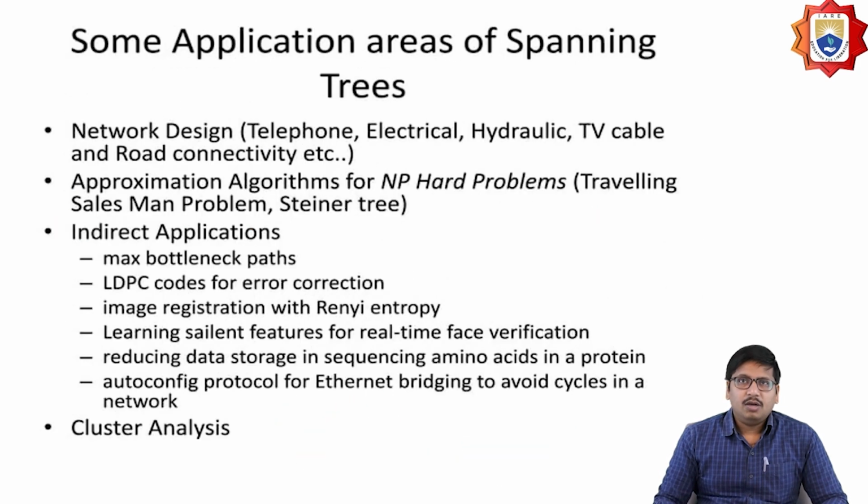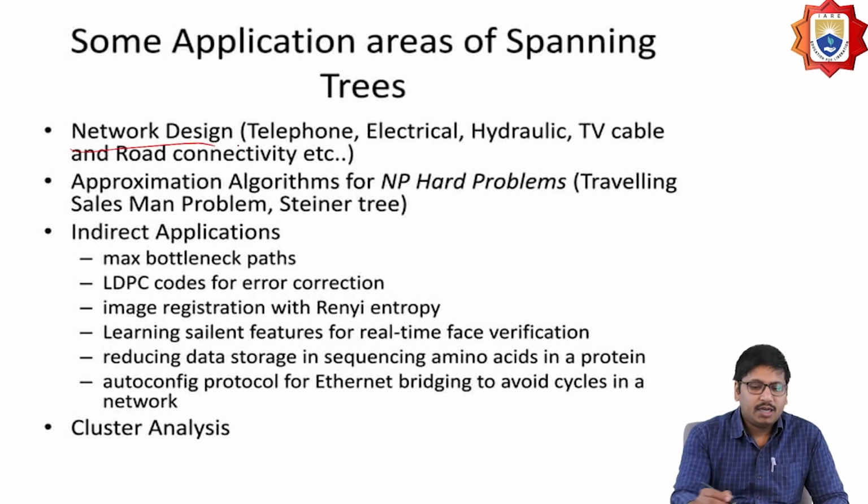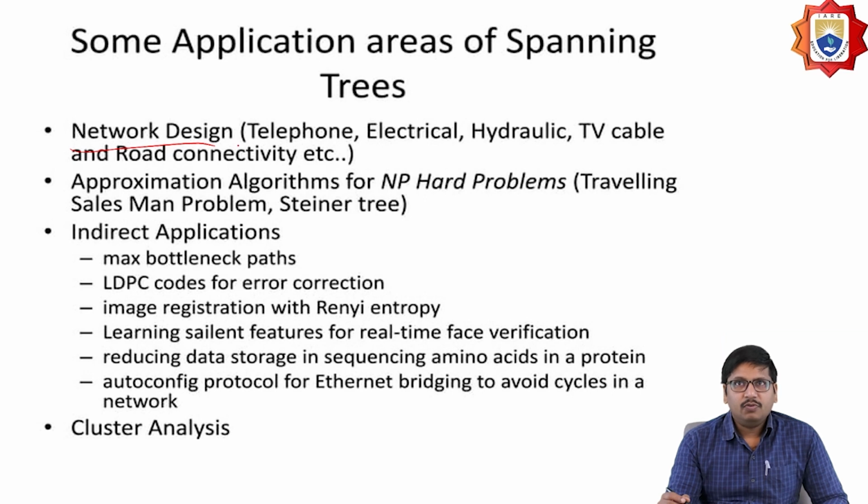So what are some of the applications of spanning trees? Normally spanning trees are used in network design, like telephone, electrical, hydraulics, TV cable, and road connectivity, etc. And approximation algorithms for NP-hard problems, like the traveling salesman problem and Steiner tree.